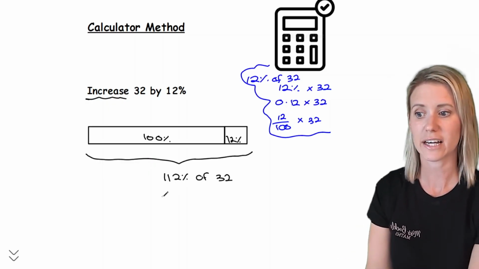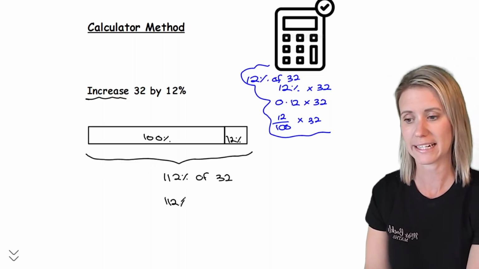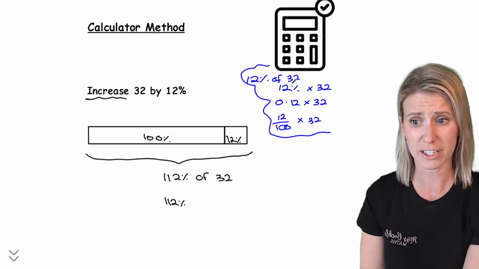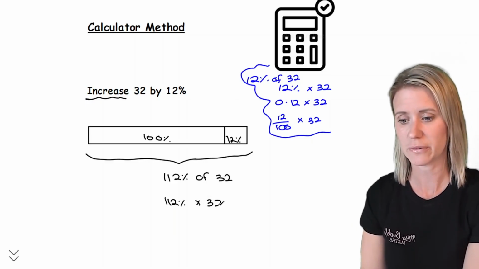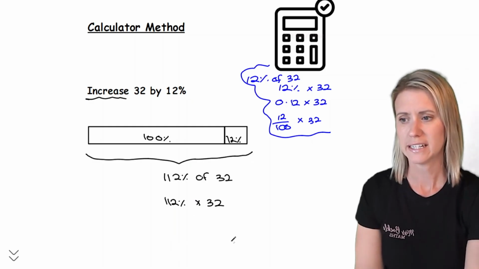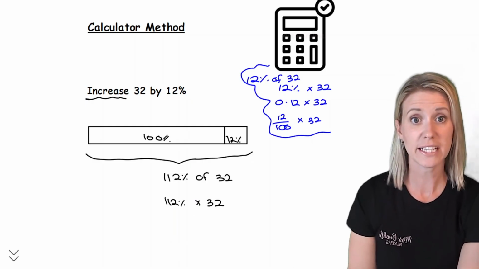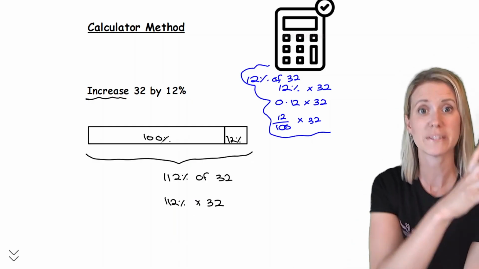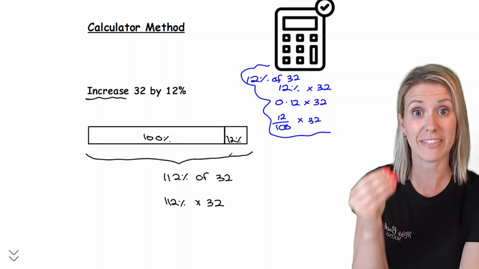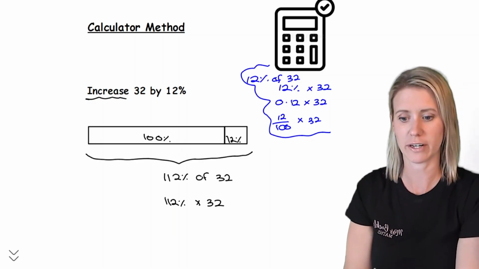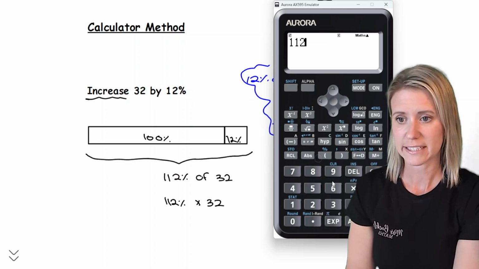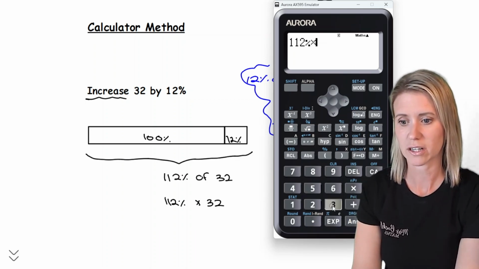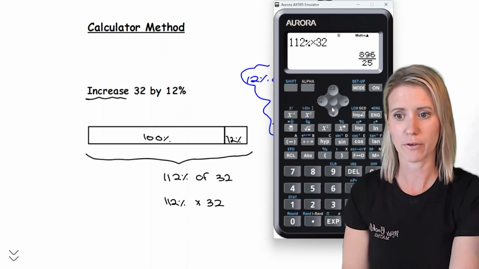You're going to insert 112% into your calculator in one form or another, a fraction, a decimal, or a percentage, and times it by 32 to get your answer straight away. And how do we get to that 112%? Just as a reminder, we've added the 12% on to the 100%, the original number that we were trying to find.